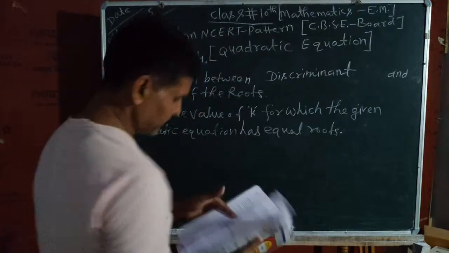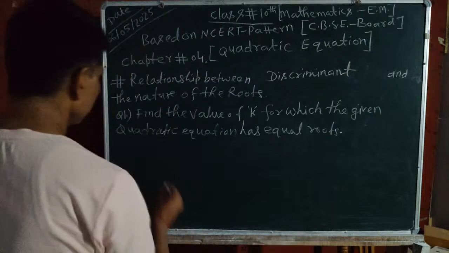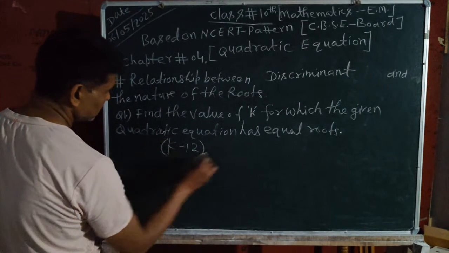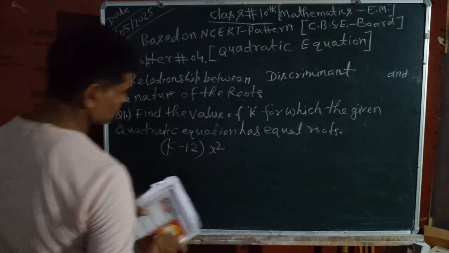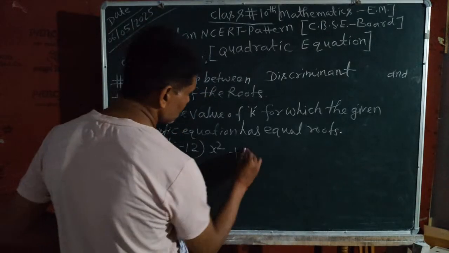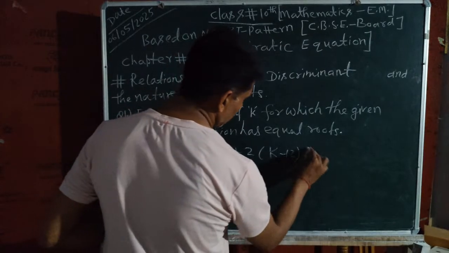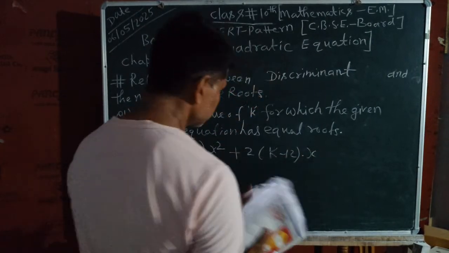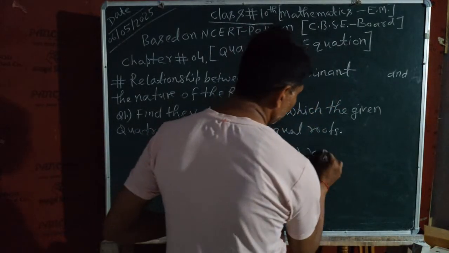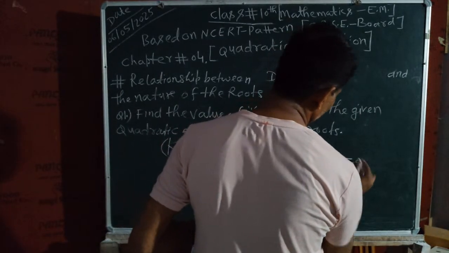Now that quadratic equation is like this: (a minus 12) x square plus (2a minus 12) x, and the other value that is constant is 2, which is equal to 0.